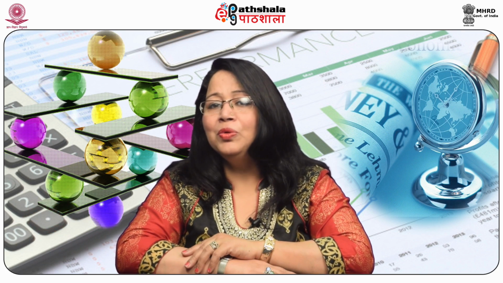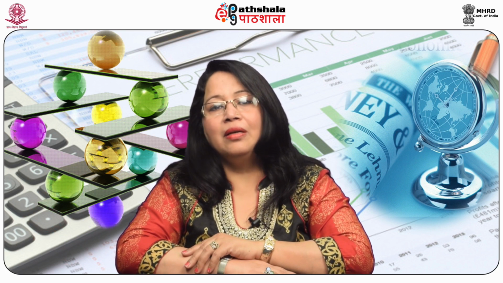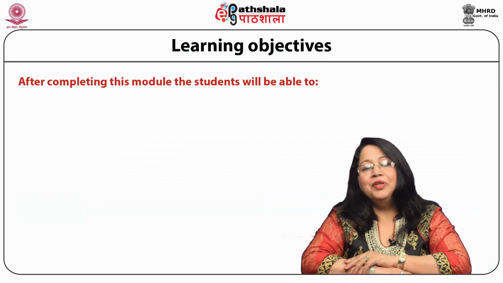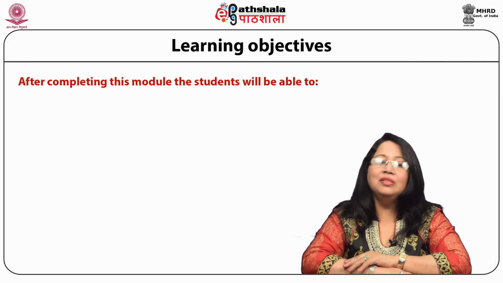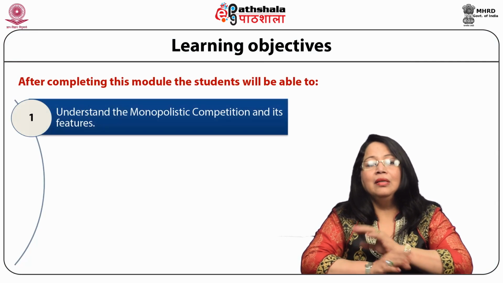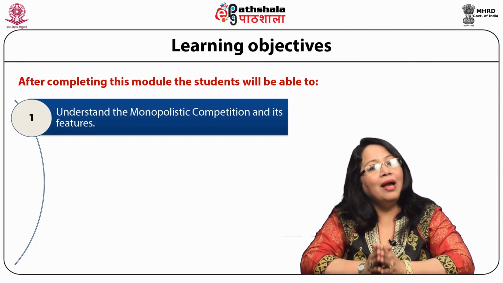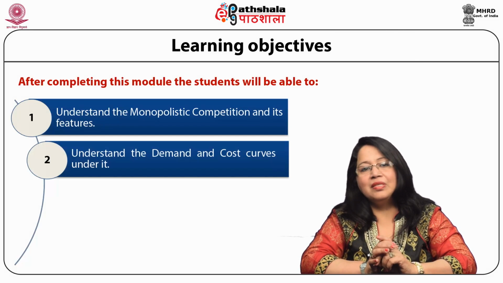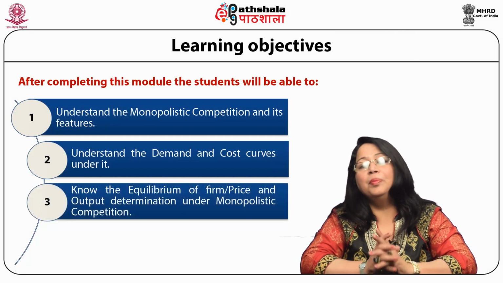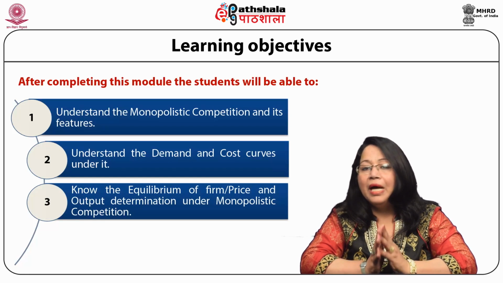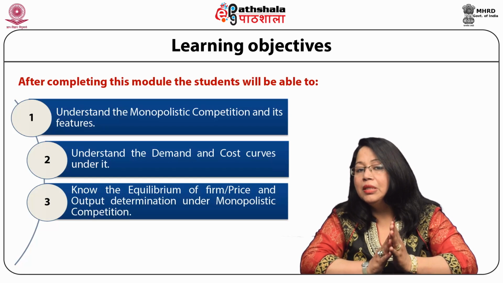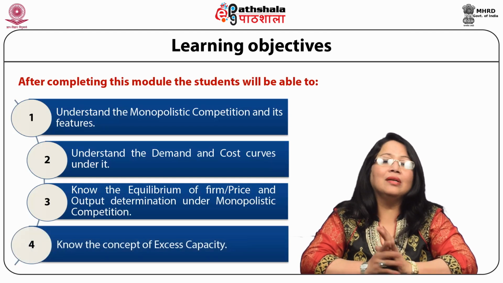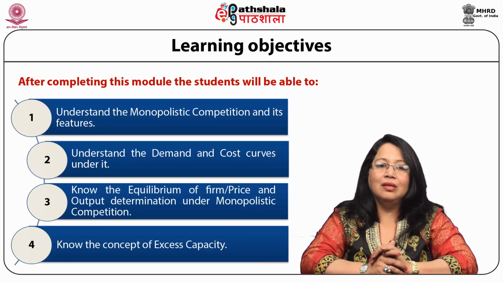Today we are going to talk on the module Monopolistic Competition under the paper Managerial Economics. After completing this module, the students will be able to understand monopolistic competition and its features, the demand and cost curves under it, know the equilibrium of the firm or price and output determination under monopolistic competition, and know the concept of excess capacity.